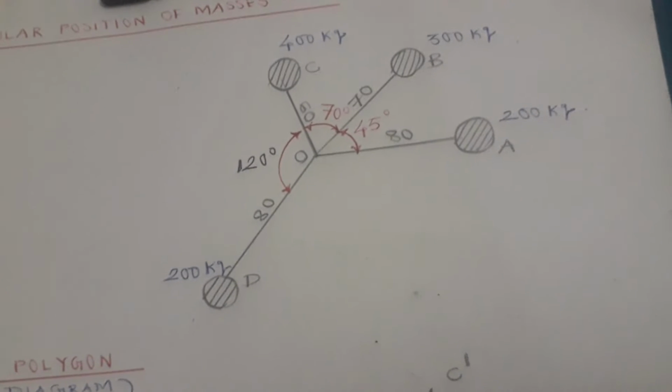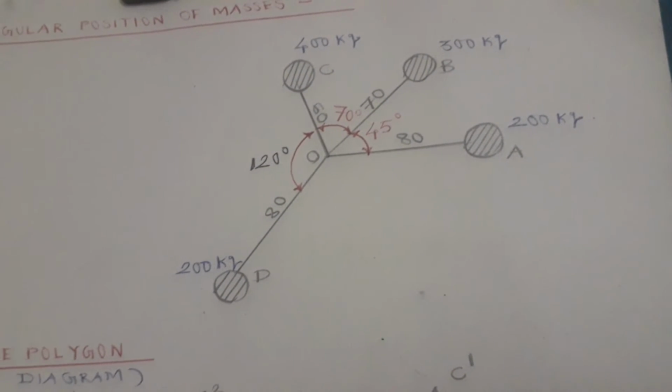For the angular position, we can transfer this position of the vector in this diagram, so by this we can measure the angle. We transfer this by means of the drafter at this location.